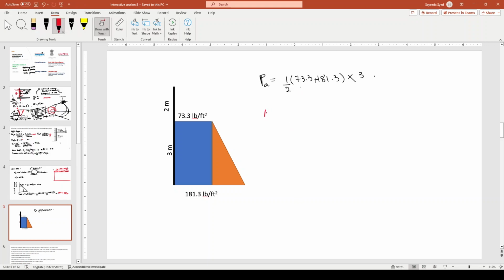So finally, our solution is PA equals 381.9, approximately 382 pound per feet. Is that okay, Vanita?